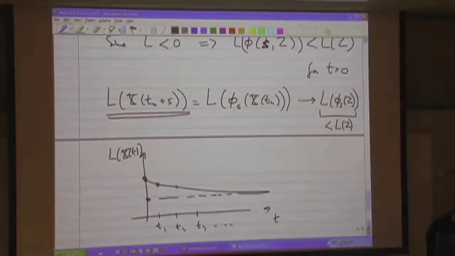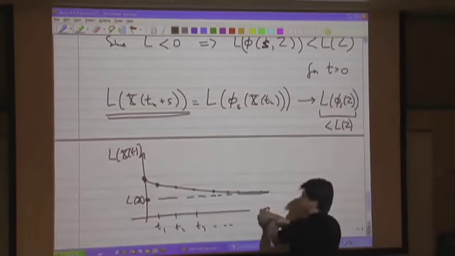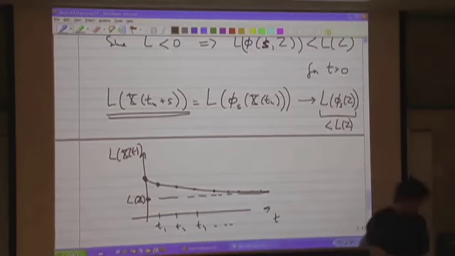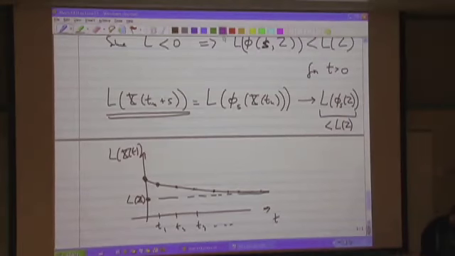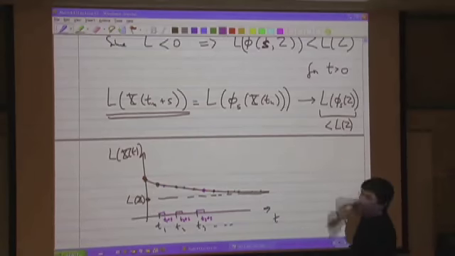If along this sequence it goes to L of z, it means along any other sequence it goes to the same limit. So if I add s to each of them, the limit is still L of z. It cannot be below L of z. So it's a contradiction.